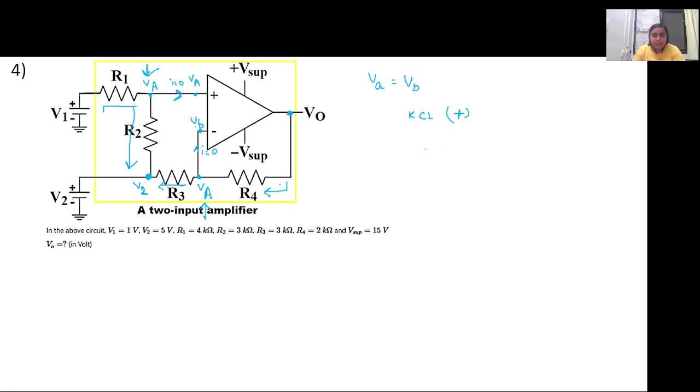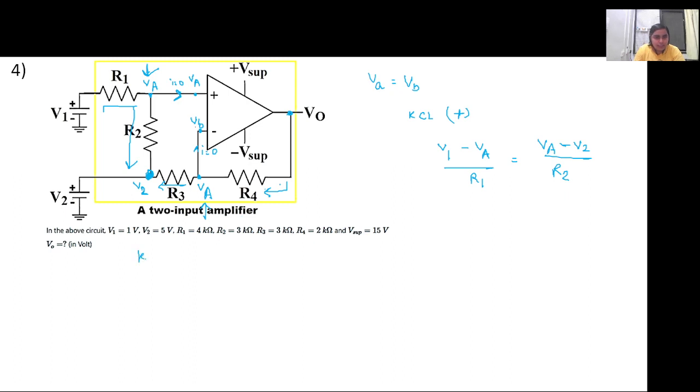So it is V1 minus VA, right, by R1 will be equal to VA minus V2 by R2. This is one KCL equation we have.